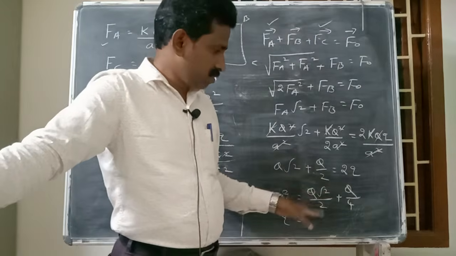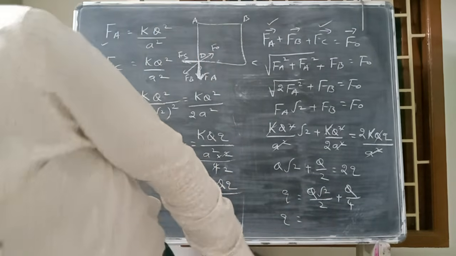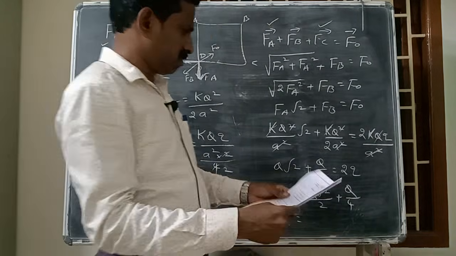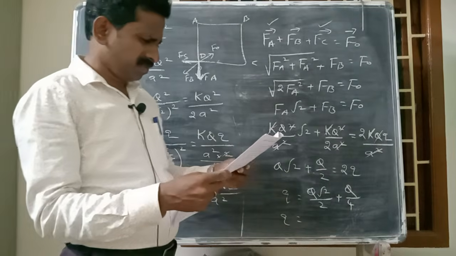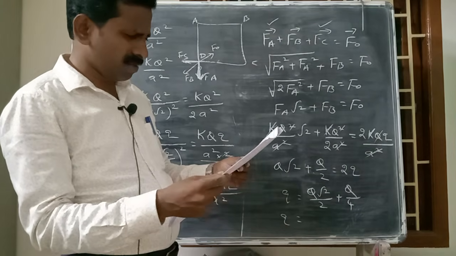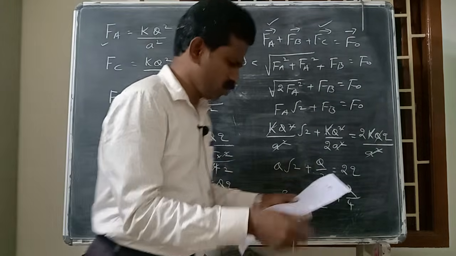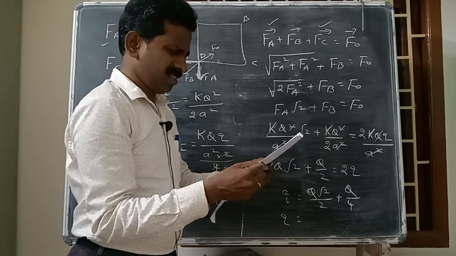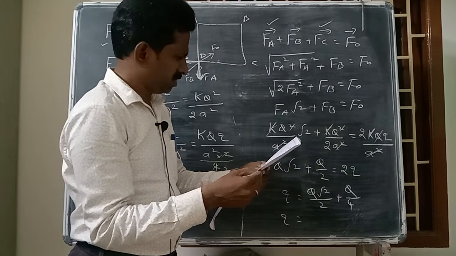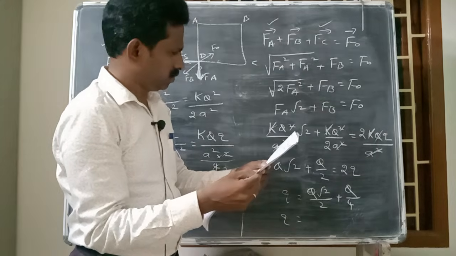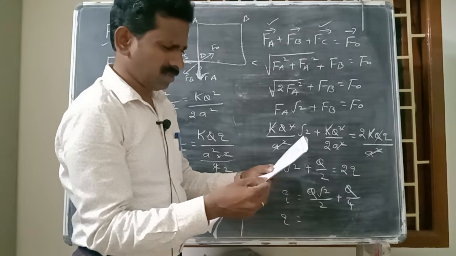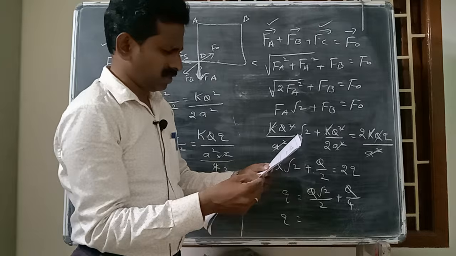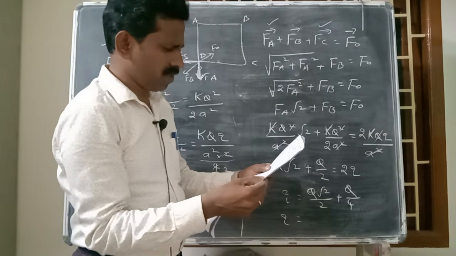This is the answer, but from the options given, we have to choose, so we have to modify this. In the option Q by 4 is there.